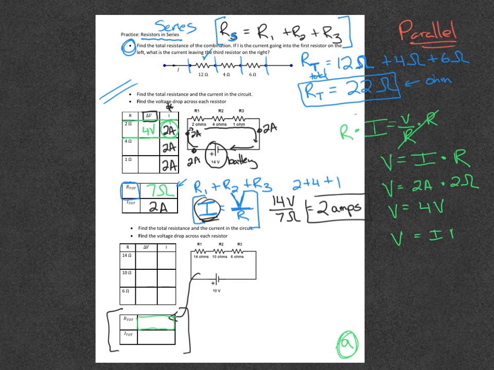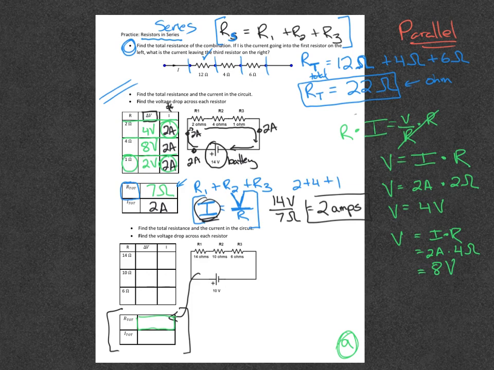V equals I times R, 2 amperes times 4 ohms. See how it says 4 now in the second row? 2 times 4 is 8 volts. And I bet you can do the last one in your head. It's current, 2 amps, times resistance, which is 1 for that third resistor, and you just multiply the numbers, 2 times 1, or 2 volts.